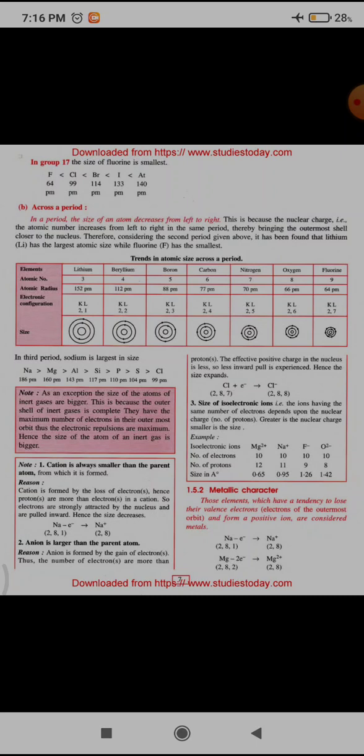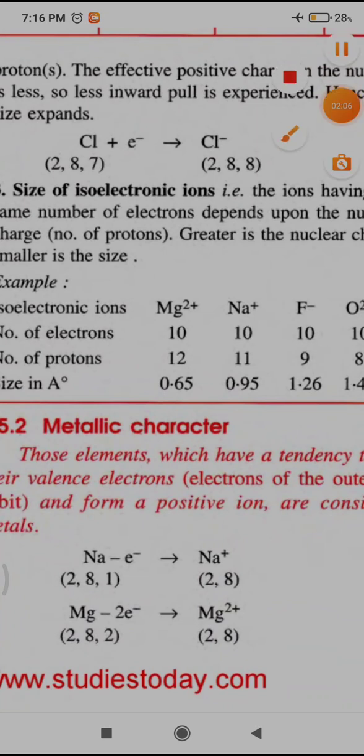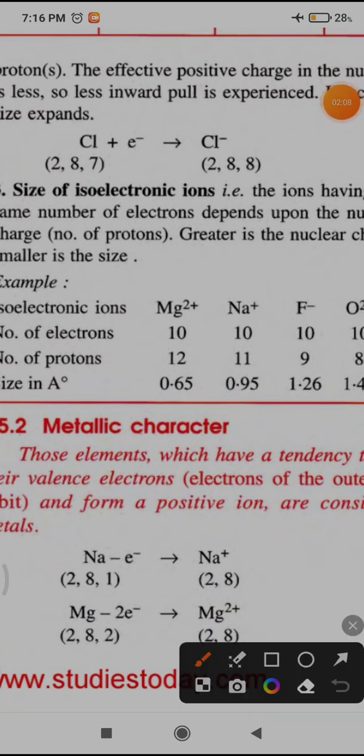Here it is written, see, those elements which have a tendency to lose the valence electron and form a positive ion are considered metals, and they only show the metallic character. Sodium and magnesium are the examples given. Sodium loses 1 electron and forms the sodium cation.